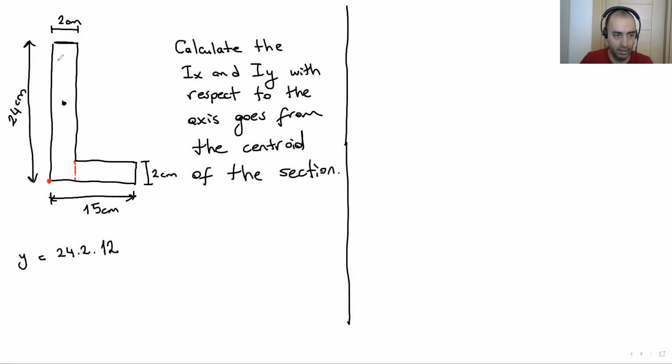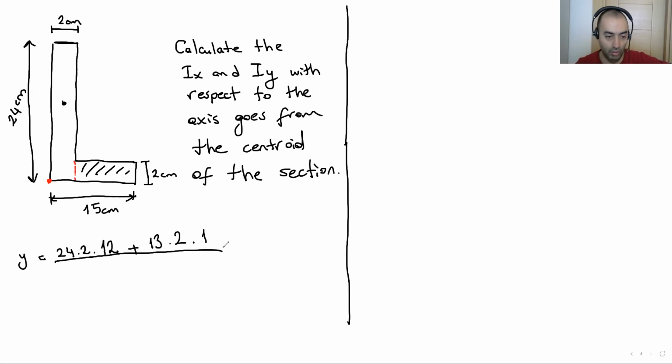Okay, this is the area times distance to this line plus what is the area for this part? Here is 13, as you can see. Okay, 13 times 2, area of this part. 13 times 2 times distance, vertical distance is 1.